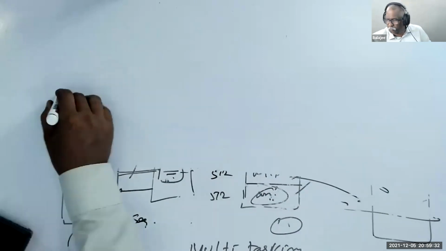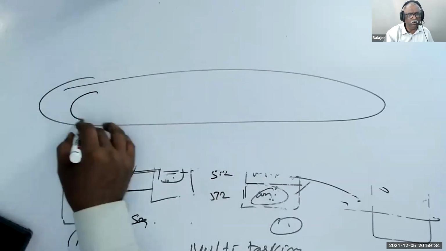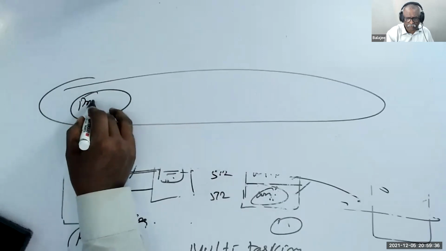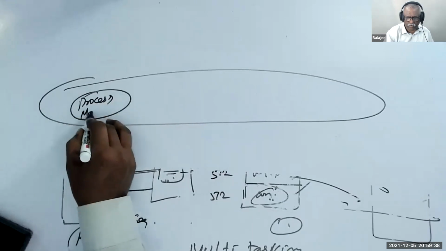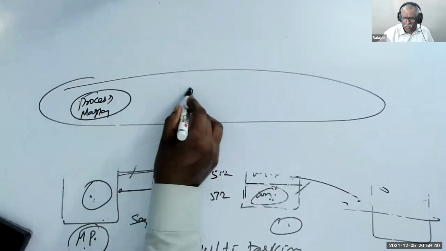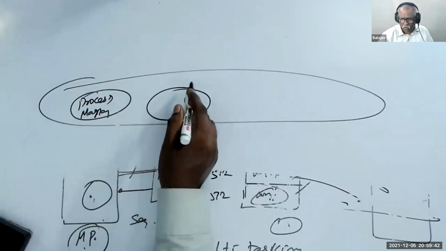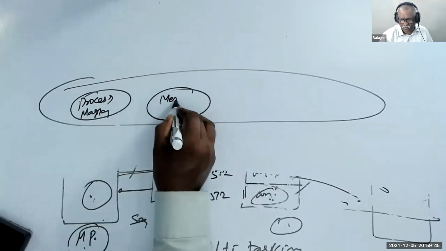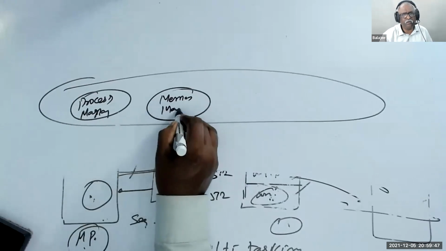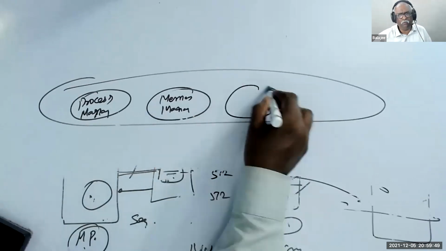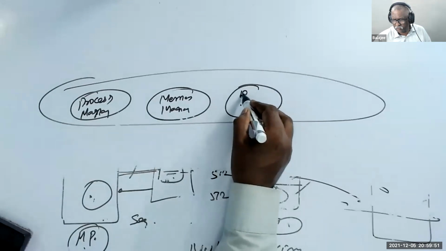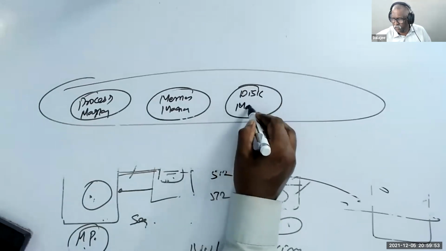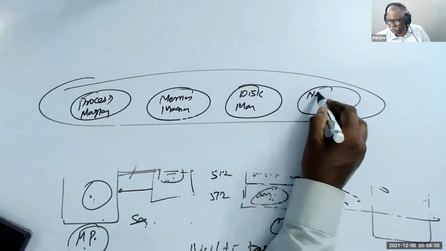4 things. One is called the process manager. The next one is called the memory manager. The next one is called the disk manager. The next is called the network manager.